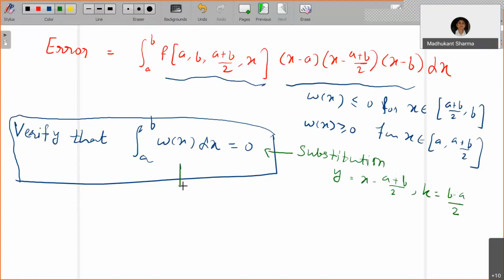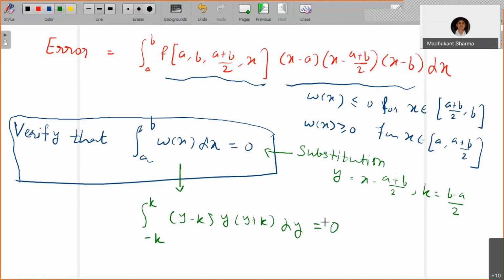Then this integral reduces to the integral from minus k to k of (y minus k) into (y plus k) dy. This integral is an odd function over minus k to k, and you can use the definite integral property that it is going to be zero. Verifying this is not a problem here.